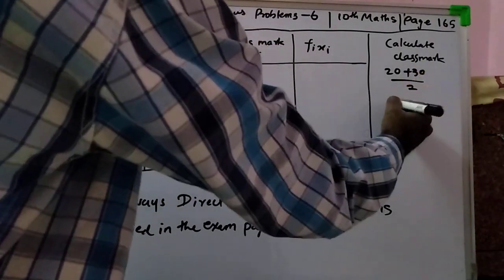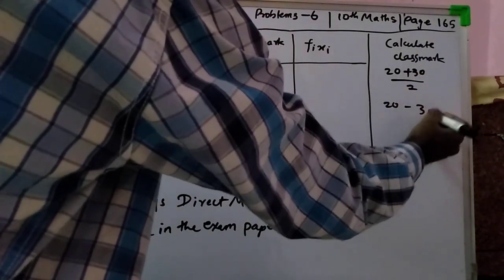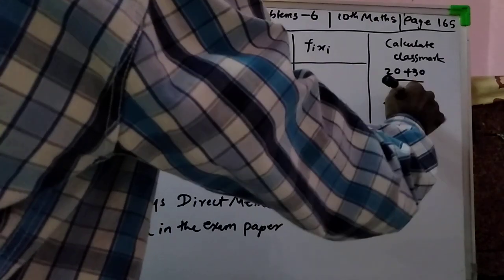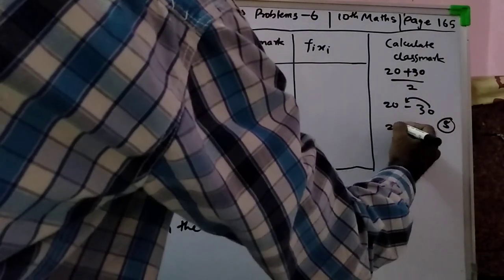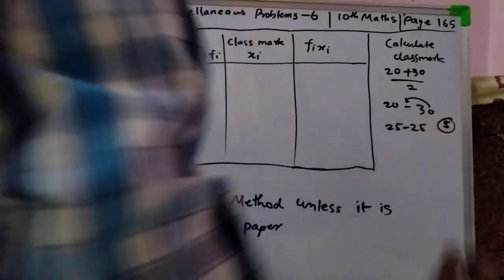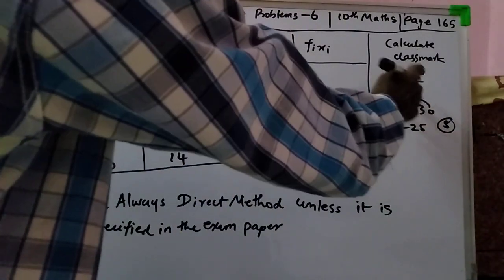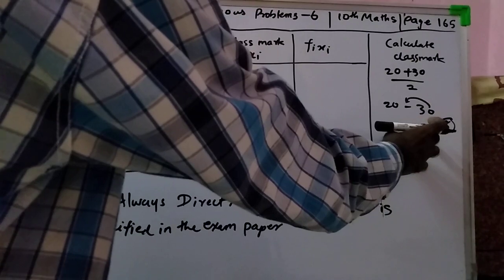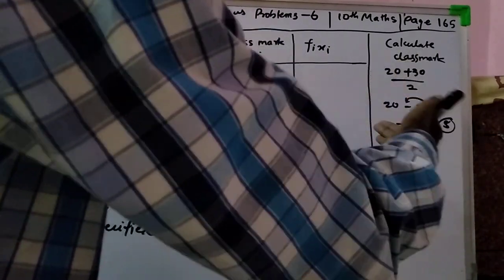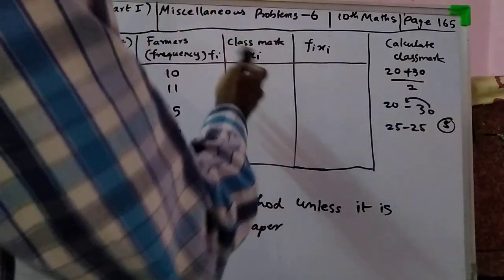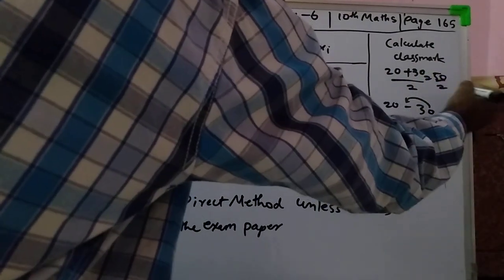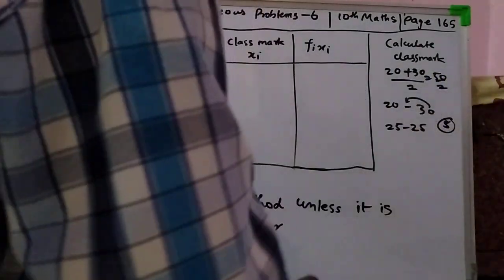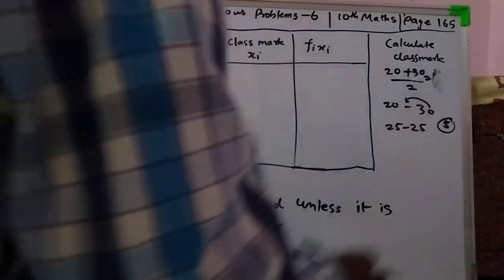Take 20 and 30. Take 5 from here, it will become 25. It is an easy method. Take 5 from here, and the balance you can write here. Or you can write it like this: 50 by 2, and you will get 25.